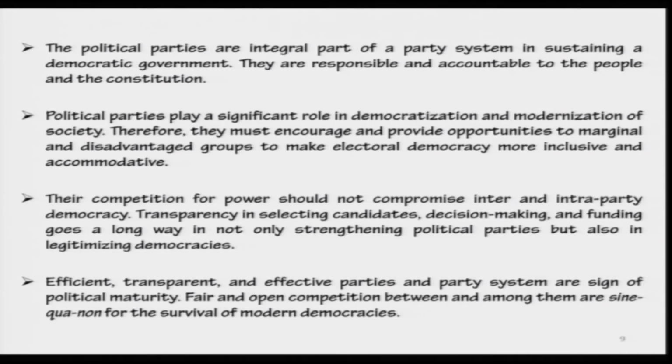To understand the role of political parties, one has to understand that political parties are an integral part of a party system in sustaining a democratic government or a democratic polity. In doing that, they are responsible and accountable to the people and the constitution.